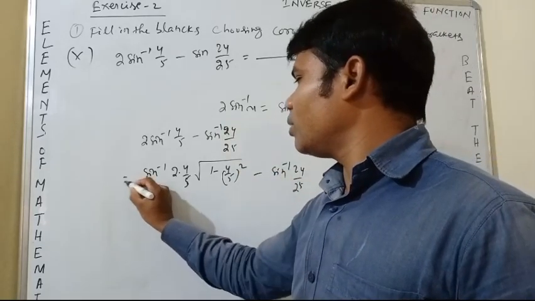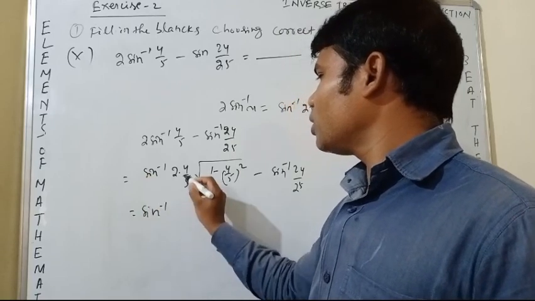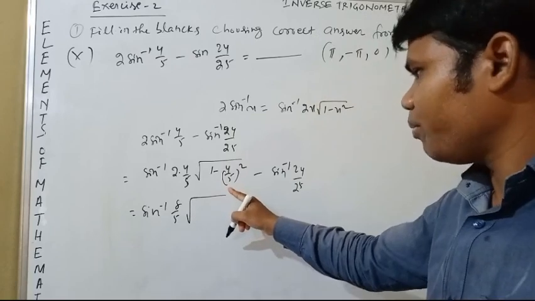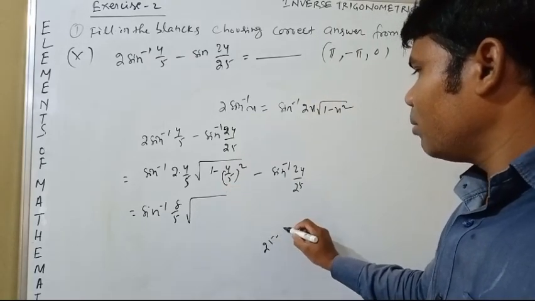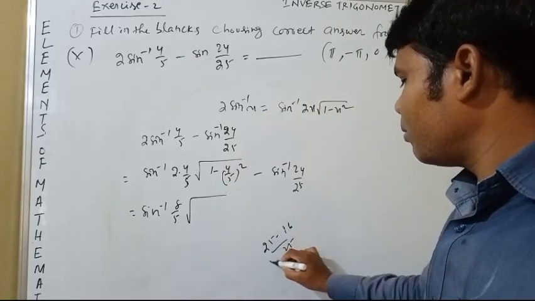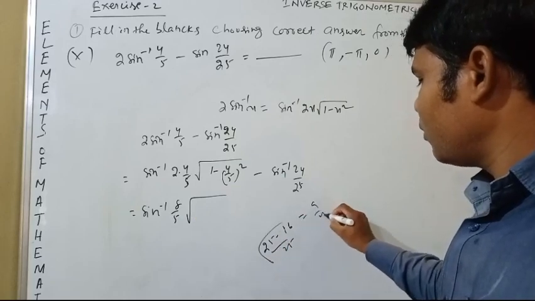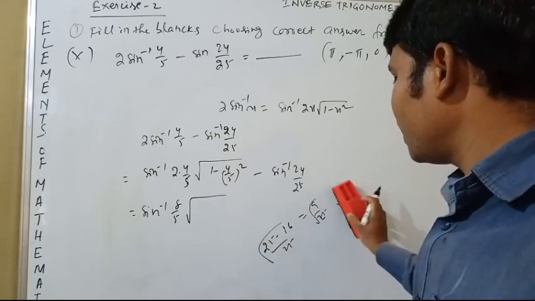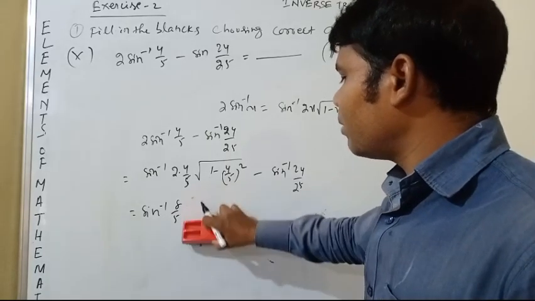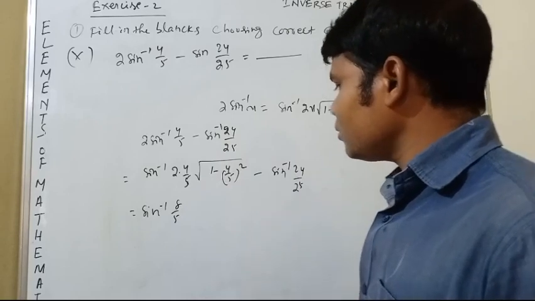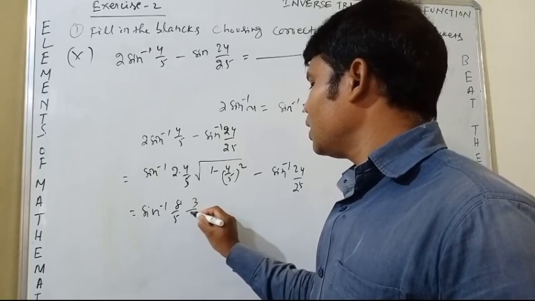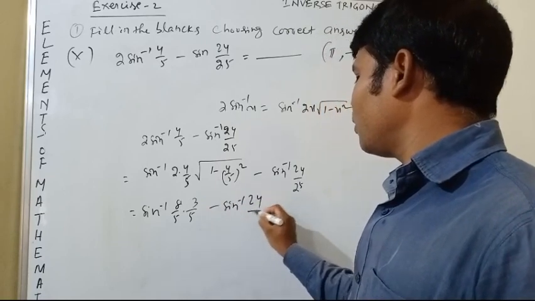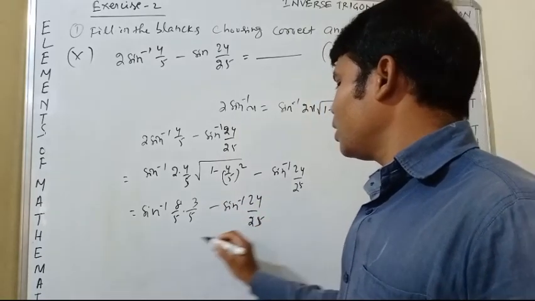This is equal to sin inverse 8 by 5 root over, you see, 25 minus 16 by 25, root over 9 by 25, root 9 by 25 is 3 by 5, so directly I can write 3 by 5, minus sin inverse 24 by 25.